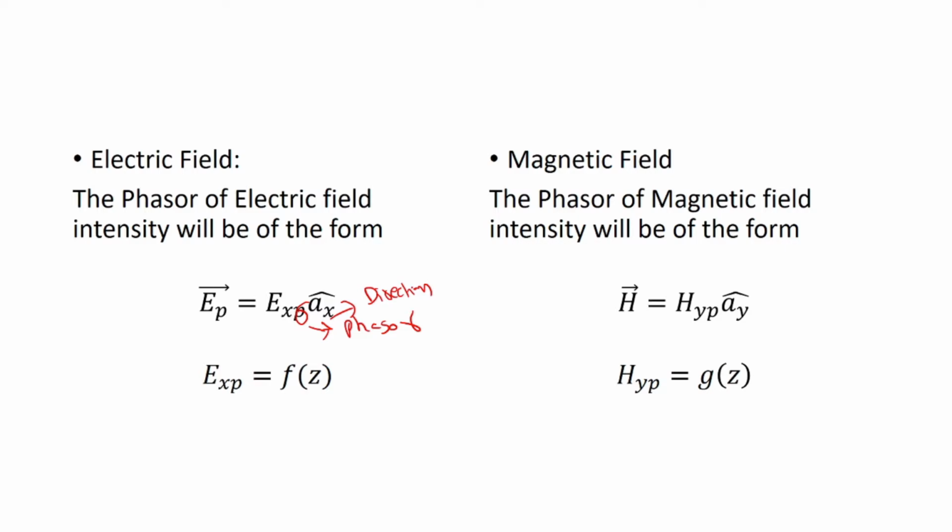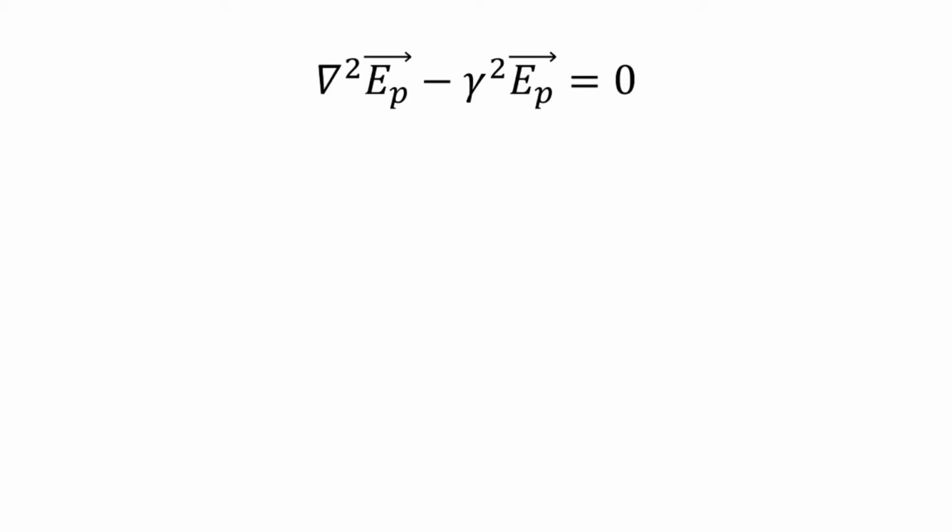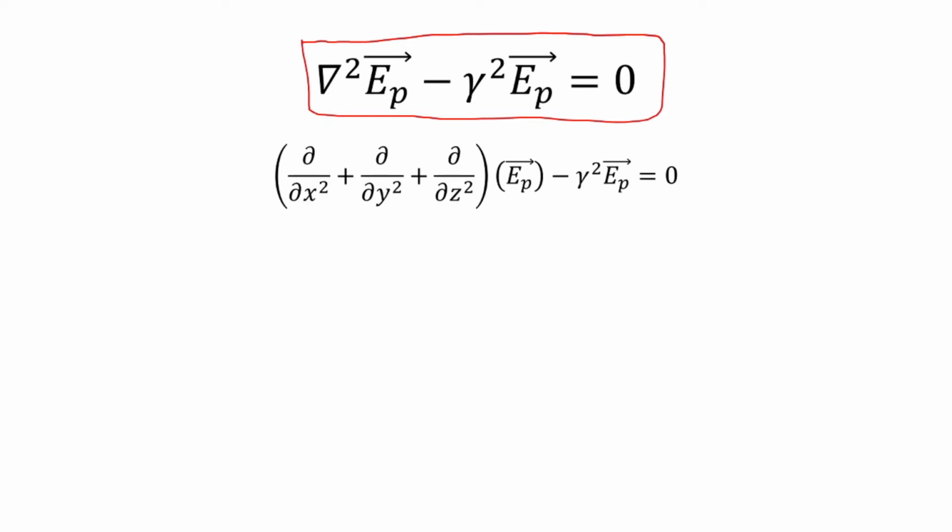Let us see how the wave would appear with respect to time. To do that, let me use the vector wave equation which we have discussed in the last lecture. So this is the expression of a vector wave equation. So if I expand this Laplacian operator, I would be getting this.